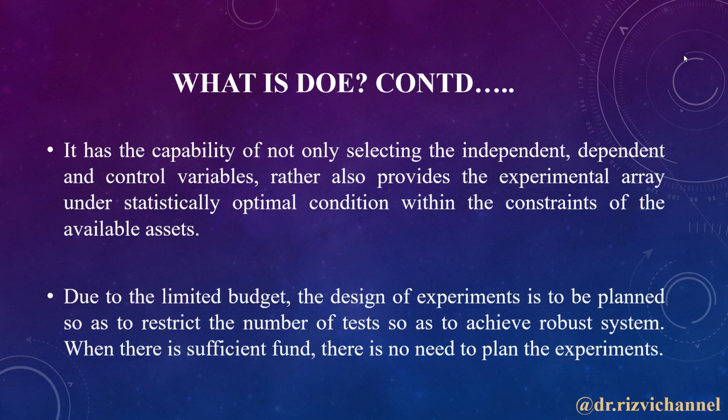When the budget is limited, we plan the design of experiment for our test, and it restricts the number of tests or trials to achieve a robust system. When there is sufficient fund, there is no need to plan the experiment, and you can perform the experiment on a trial basis or any other basis.